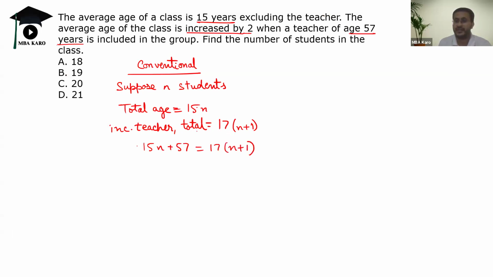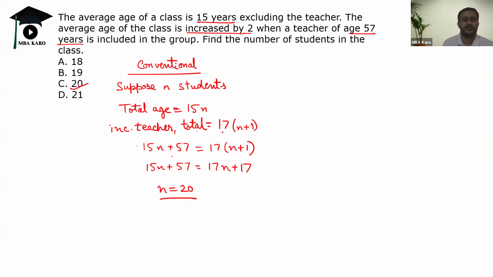The total age was 15n and we added the teacher, so it became 15n plus 57, and this total is 17 into n plus 1, because the new average is increased by 2 and there are n plus 1 people. So 15n plus 57 is equal to 17n plus 17. We will get 2n is equal to 40, or n is equal to 20.